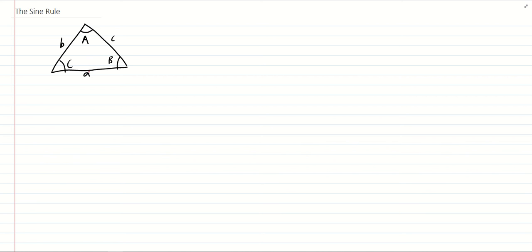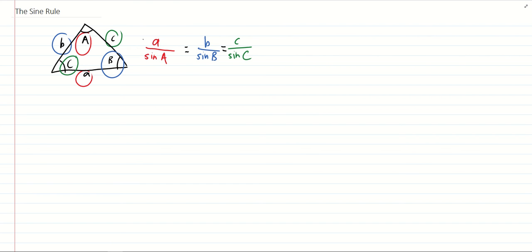What this means is that if I take the length A and the sine A, and we divide it, A over sine A, this is equal to, if I take B and divide it by the sine of the angle opposite it, so B over sine B, and if we take the other length C, it's also equal to each other, so C over sine C. All right, so this itself is what we call the sine rule.